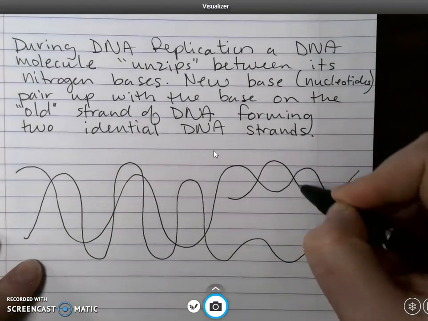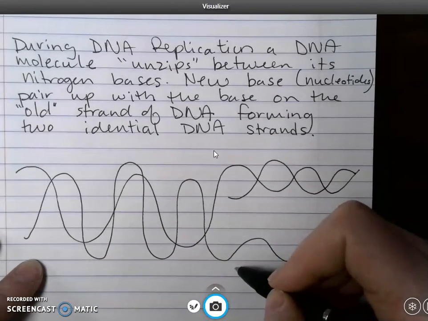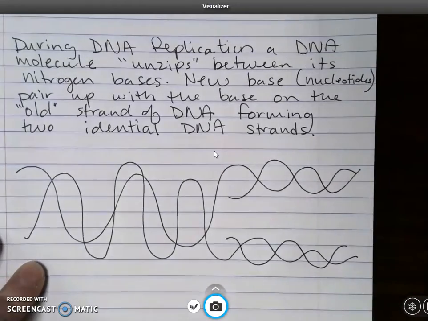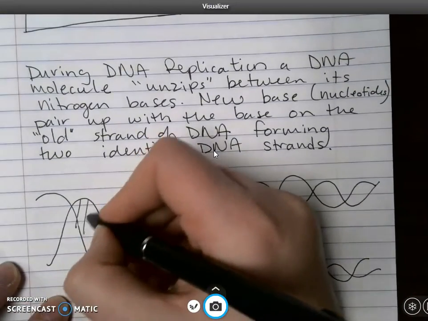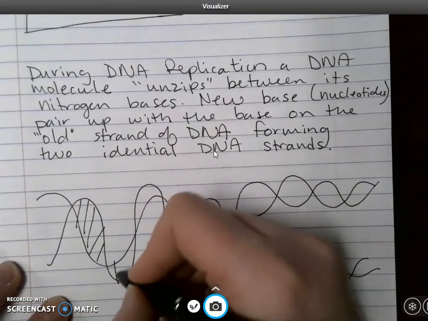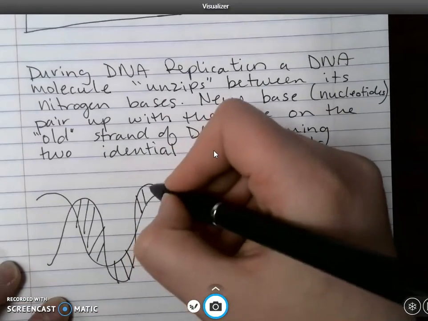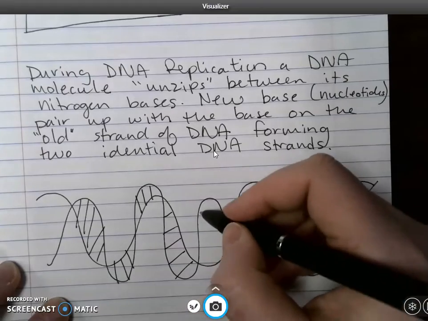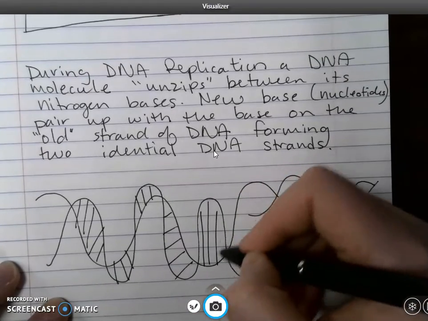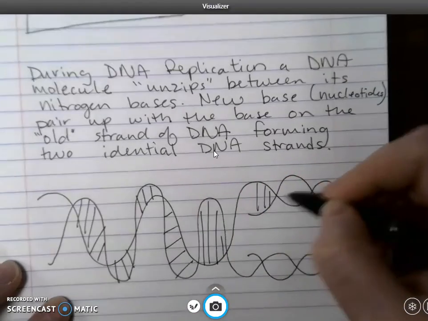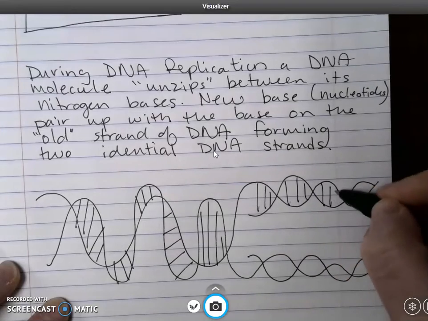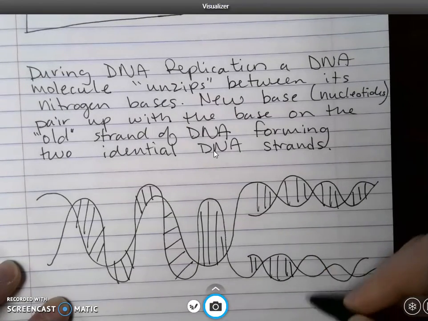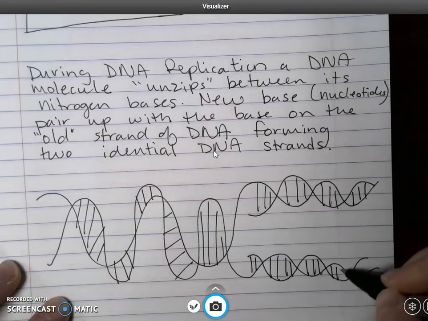We have new strands of DNA forming down here, and between them, they have nitrogen bases like adenine, thymine, cytosine, and guanine that look like rungs of a ladder.